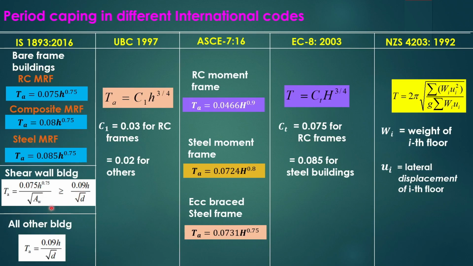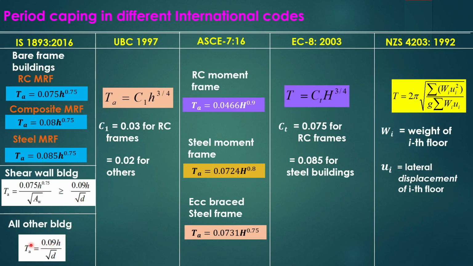For shear wall buildings, a more lengthy formula is given, where AW is the area of the shear wall to be computed by a formula given in the code, H is the height of the building, and D is the dimension of the building along a particular direction.